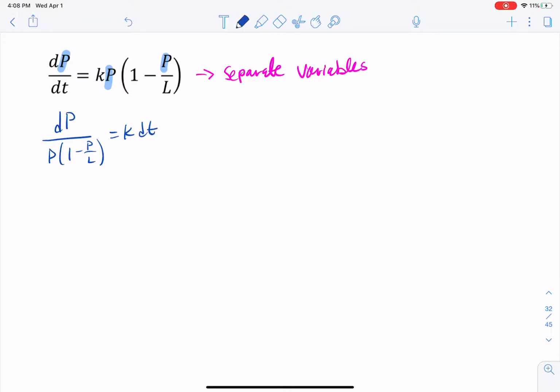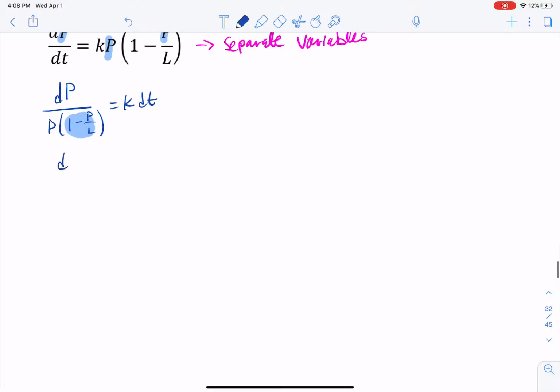So far it doesn't seem very tricky. However, we do have a complex fraction, so we want to fix that. The way I'm going to fix that complex fraction is to get a common denominator inside the parentheses, and that common denominator, of course, is L. So that's going to look like this: dP over P times L over L minus P over L. Writing that as just one fraction, P times L minus P over L. And now the L that's down here on the bottom, I can shoot it up to the top.